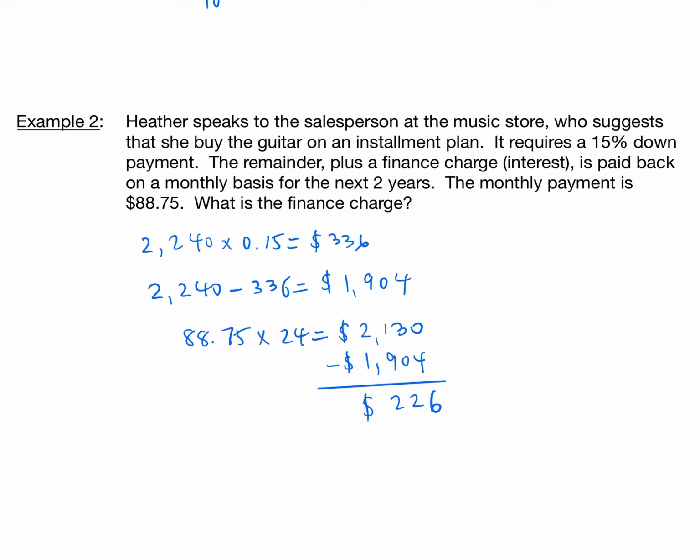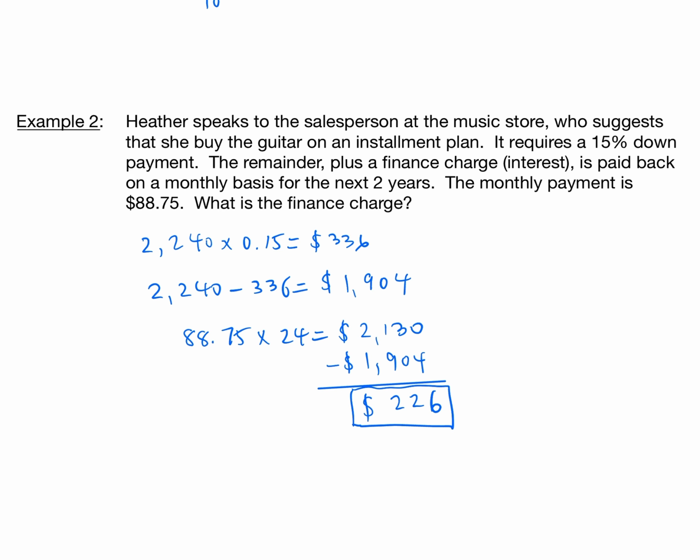And this works out to $226. So Heather is going to be paying $226 in finance charge for this type of installment plan. So it's going to cost her even more. So the total cost really is this $226 plus the $2,240, which works out to $2,466.